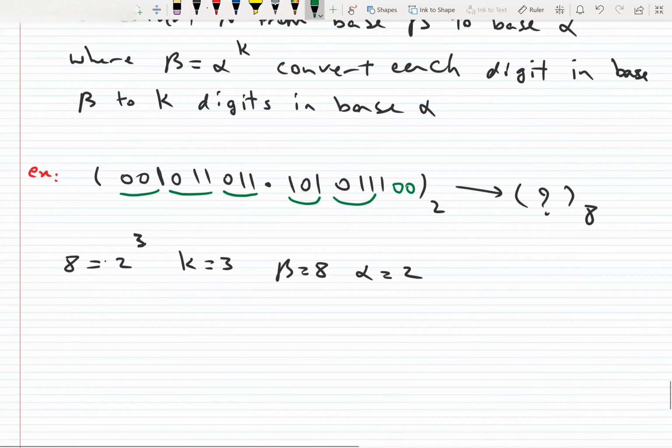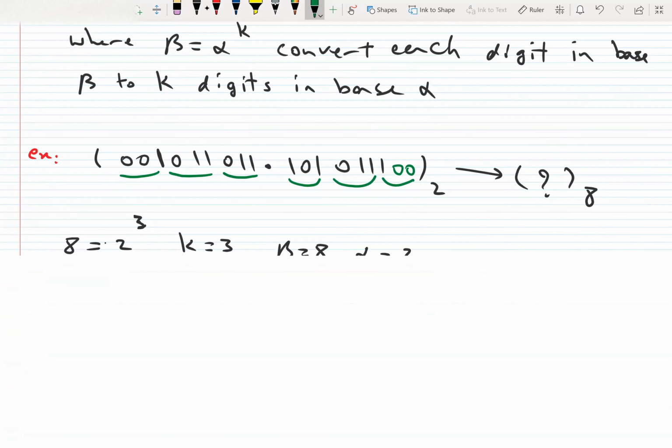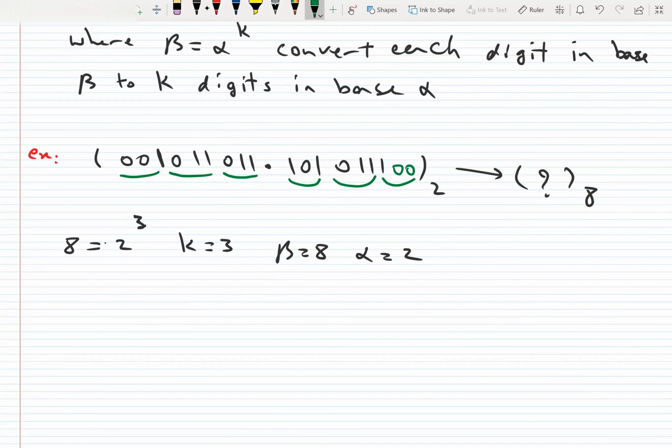So we added two zeros to the right to make a group, and now that we have grouped them, we need to write the values. So 001 has a value of 1, 011 has a value of 3, 011 has a value of 3, 101 has a value of 5, 011 has a value of 3, and 100 has a value of 4.